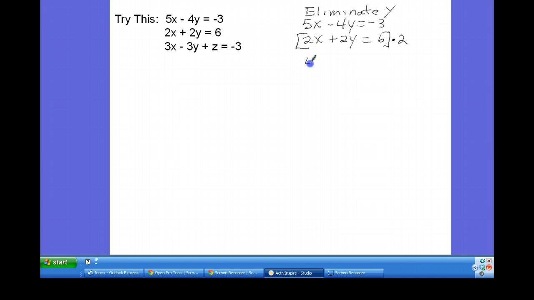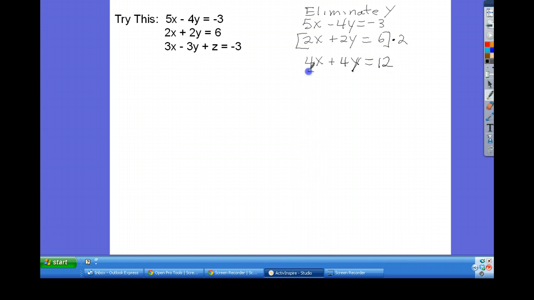2 times 2x is 4x. 2 times positive 2y is positive 4y. Little mistake there. Positive 4y. And 2 times 6 is 12.